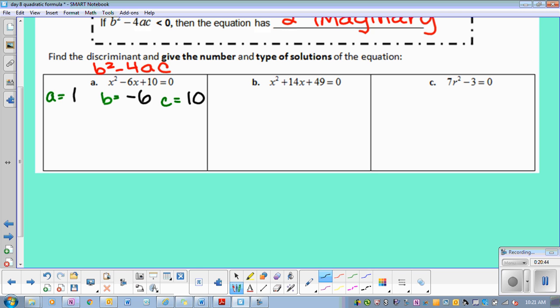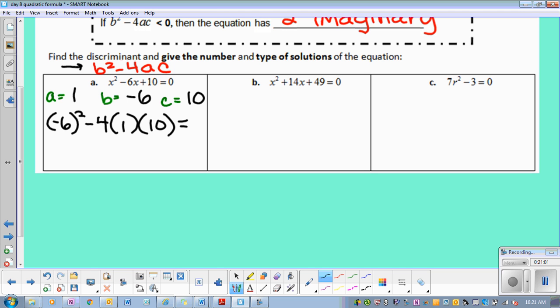All right, so now we're going to plug it into this guy, the discriminant. b squared minus 4ac. Please plug this in and tell me what you get.